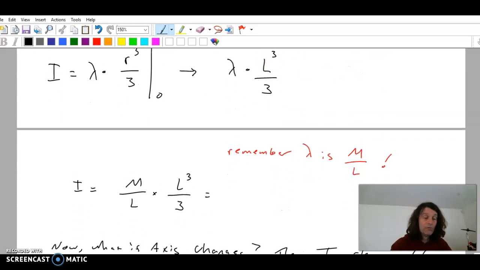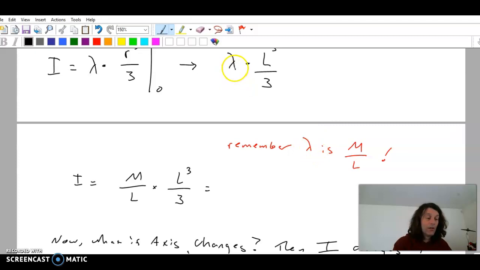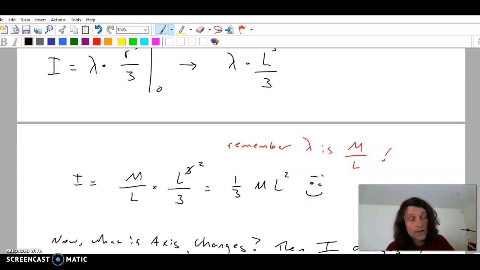So remember, we will swap out that lambda for what lambda is, the mass divided by the length, the whole mass divided by the whole length. So where that lambda is, I'm going to write M over L, multiply that by the L to the third over 3, and that becomes an L squared. And what we have is 1/3 of the whole mass times the length of the rod squared. That is the I of the rod if it is rotating around one of its ends.